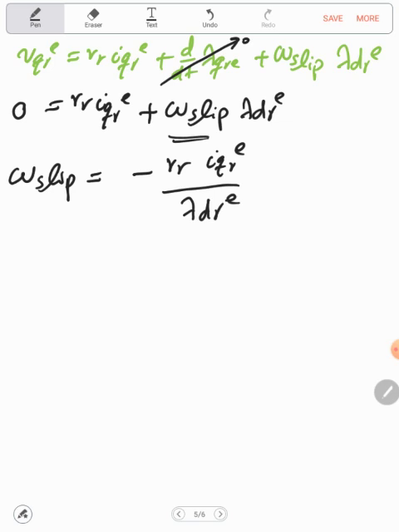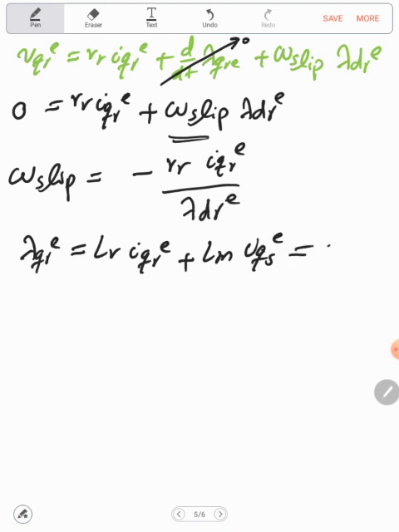Now in general we need to write omega slip in terms of something we can measure, which is the stator components. So let's recall the flux linkage lambda QRE is equal to LR IQRE plus LM IQSE.